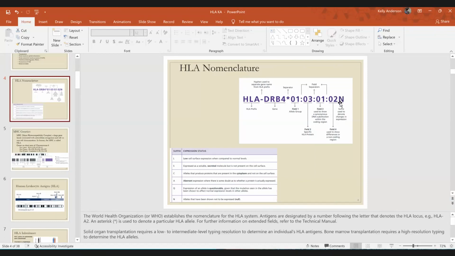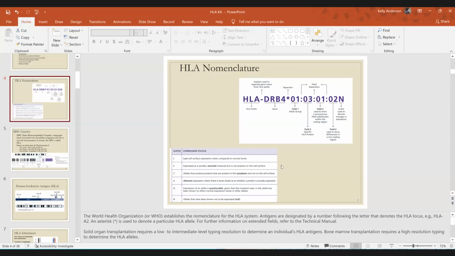So N would mean null. So if they have that type, then they will actually not have an antigen. And there's also L, another common one, which means for some reason they just have a lower expression. S is for soluble or secreted. So it could be on the WBC cells, but it could also be soluble.